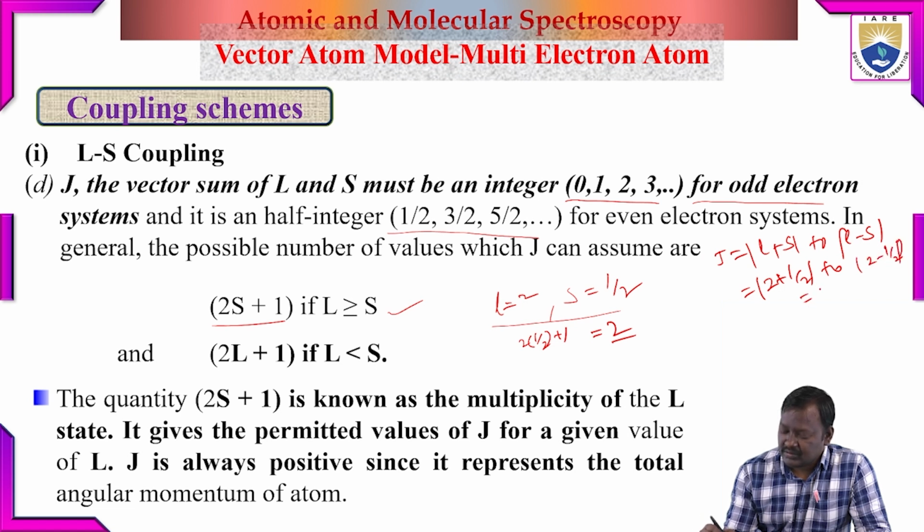So this is 5 by 2 and 3 by 2. So there could be only two values.